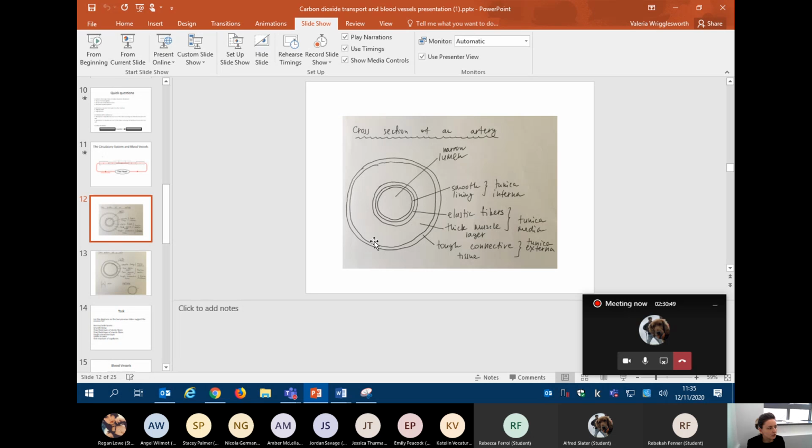Did anybody make the point that as arteries are going further and further away from the heart, you can also use that muscle inside the artery to actually propel blood a bit further by contracting? So it's not just the heart itself which is pushing the blood through the arteries, but arteries can also be helping the heart by contracting and relaxing. Okay, good.